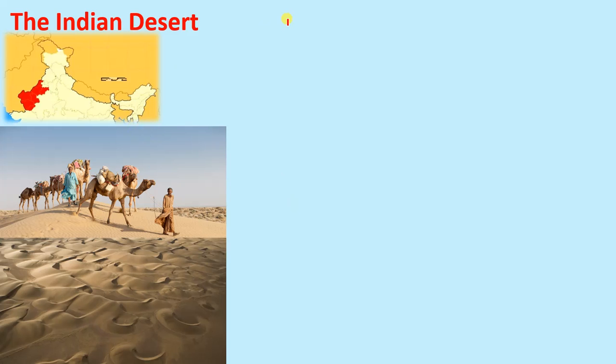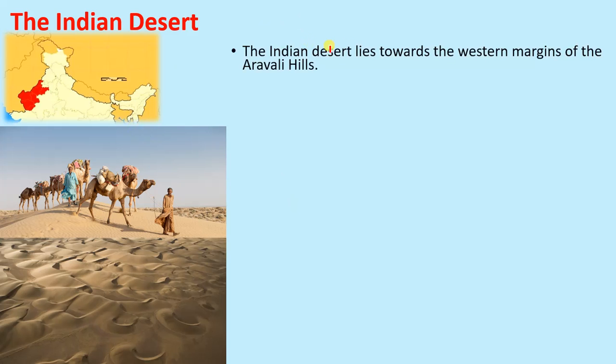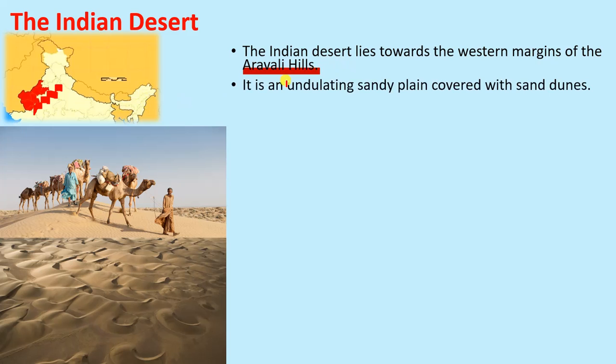The Indian Desert. The Indian Desert lies to the western margins of the Aravalli Hills. This Aravalli Hill is lying in this region, and just to the western margin of this Aravalli Hill, there is the Great Indian Desert. It is undulating sand dunes.